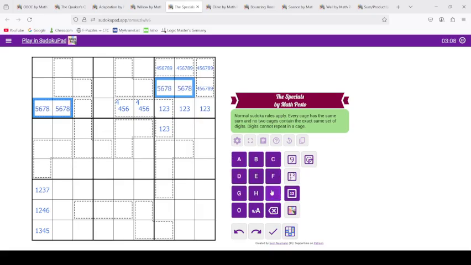It is 5, 6, or 7, 8. There's a 5, 6 pair here. So this is 7, 8, 9. So this one is a 7, making this a 1, 2, 3. This is not 6, 7 anymore. This is 5, 8, making that a 9.